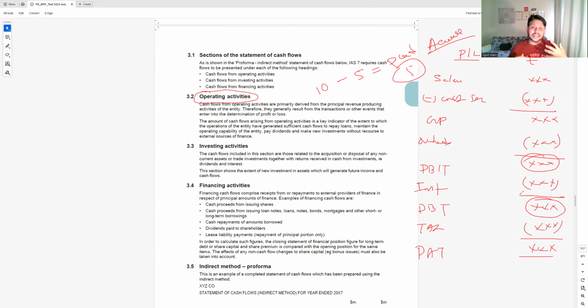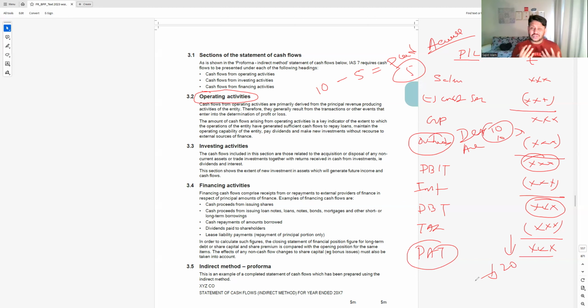So any non-cash item we need to add back. Why is that? For example, when you calculate the profit after tax, in the overheads we minus the depreciation and we minus the amortization, and because of that my profit is going down. So let's say the depreciation is £10 and the amortization is £10. That means £20 I show as expense, so my profit is down by £20.